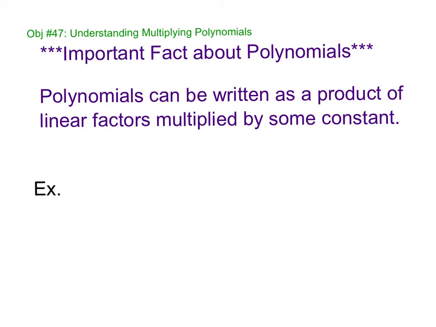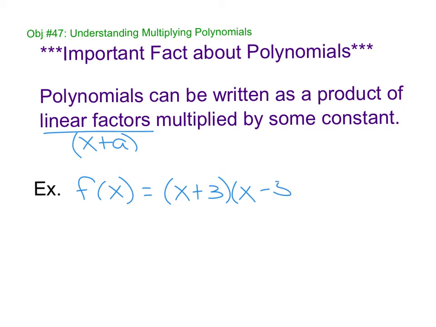Another fact about polynomials is it can be written as a product of linear factors. So remember, a linear factor is like x plus a, right? So if I have a function that's a polynomial, I can write it as, say, x plus 3, x minus 5, x plus 1, right? So all those problems we did before, we had them in linear factors, and then we multiplied them out.